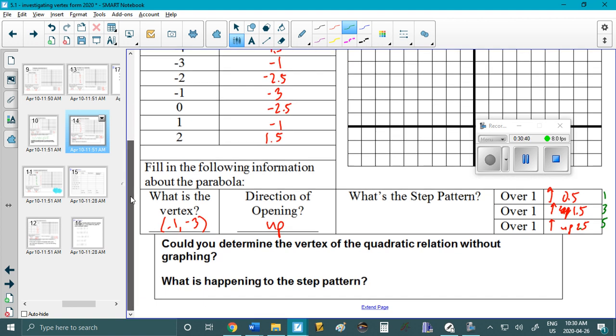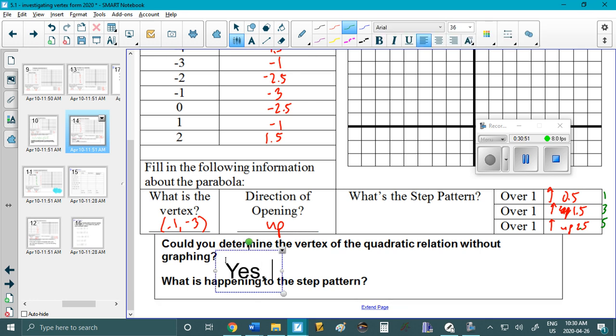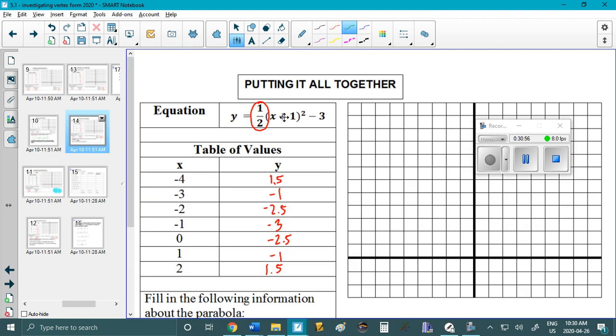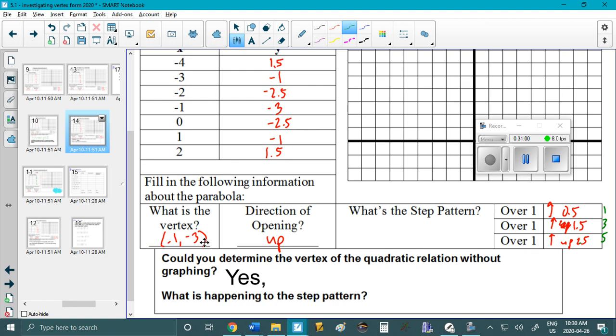Okay? Could you determine the vertex of the quadratic relation without graphing? I think yes. Now let's look at the equation. So x plus 1 and then minus 3. And the vertex is negative 1, negative 3.